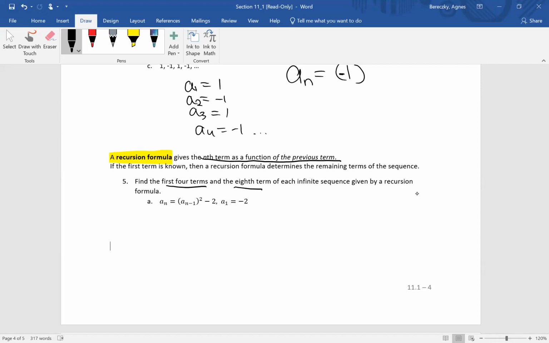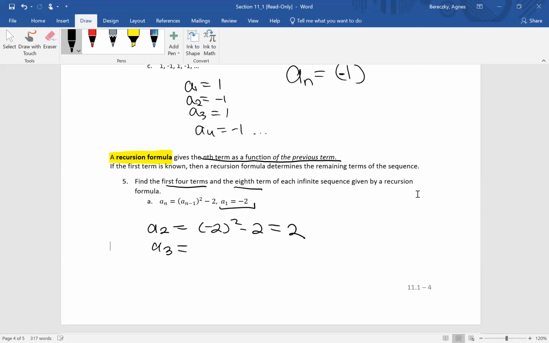So we have that the formula is given: a term will be calculated as the previous term squared minus 2. They gave you A1, and we need the first four terms. So we're going to have to find A2, which will be the previous term, which is negative 2 squared, minus 2. Negative 2 squared is 4, minus 2 is 2.